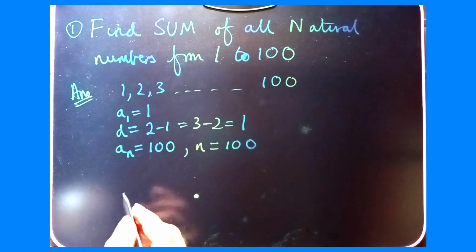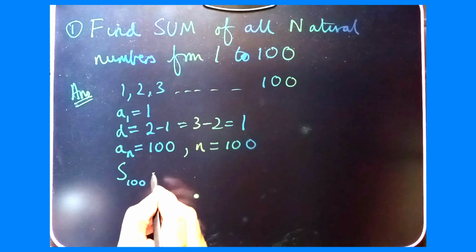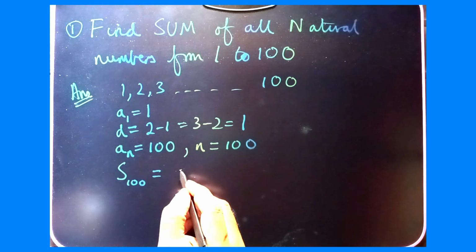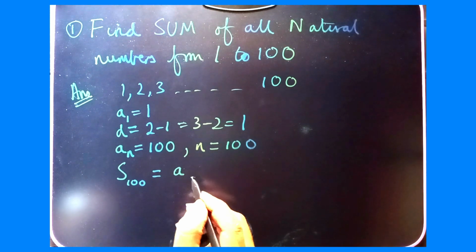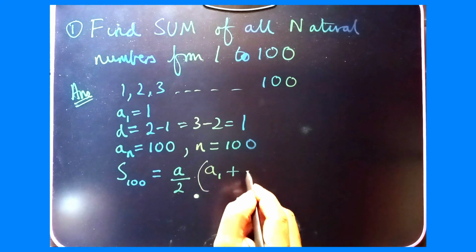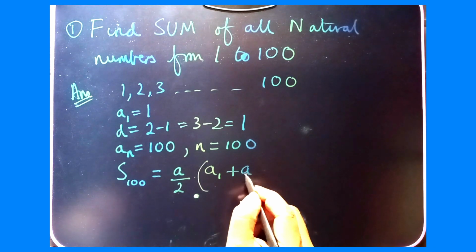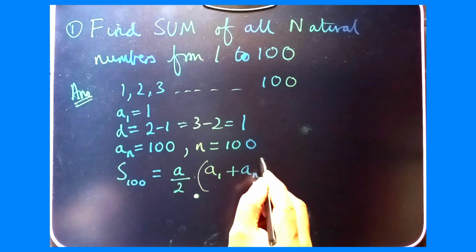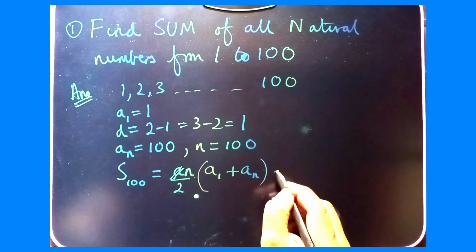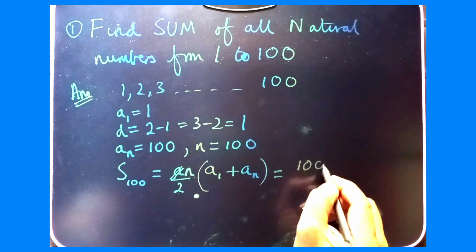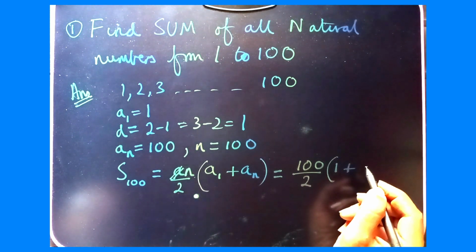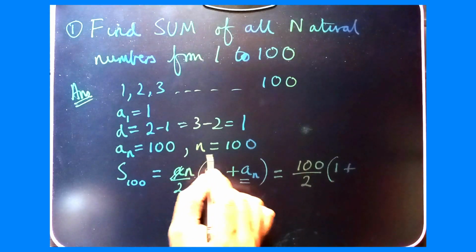So now what is the sum? The sum of 100 terms is S equals, recollect, n divided by 2 times the first term plus the last term. Not a, this is n, the total number of terms. n is basically 100, divided by 2, times a1 which is 1, plus an which is 100.